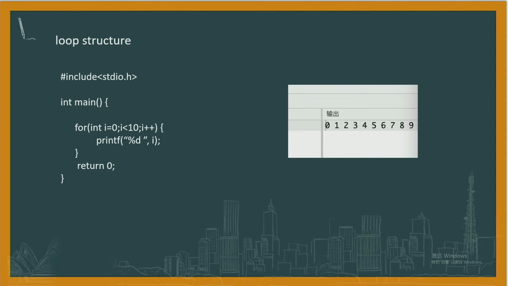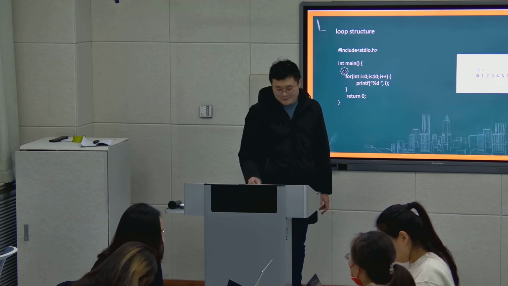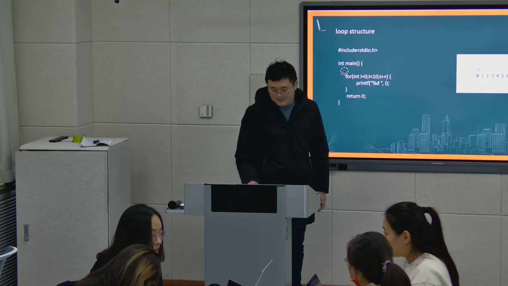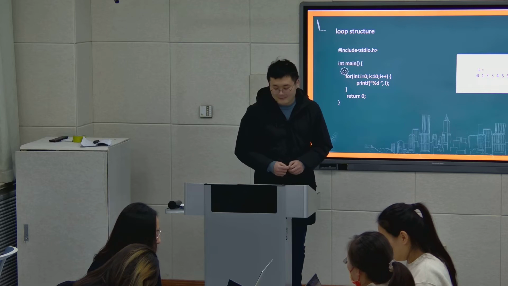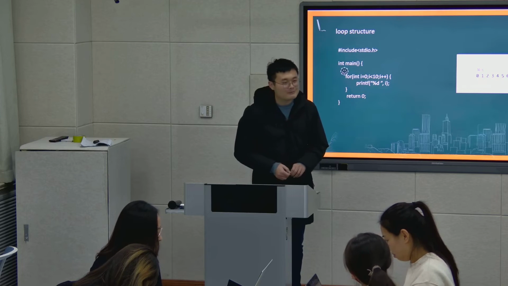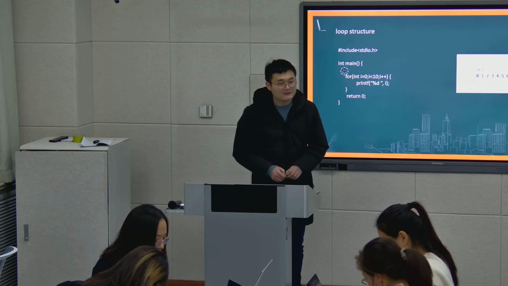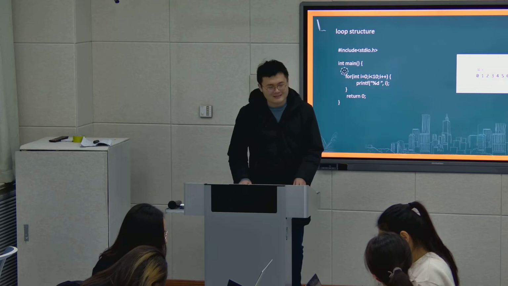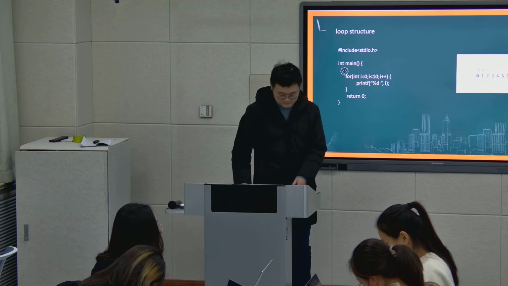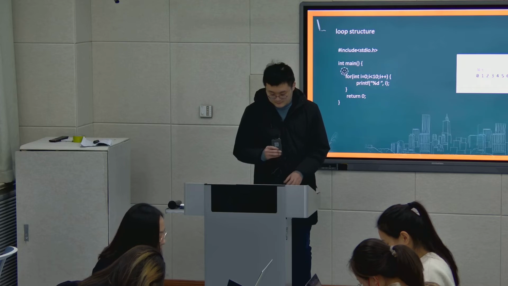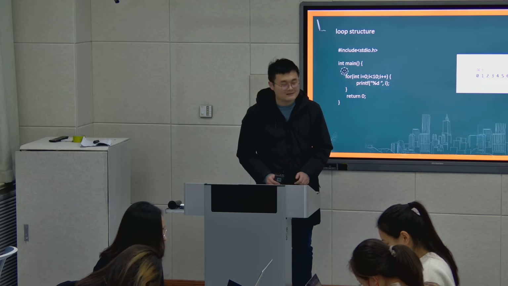So here is another sample, and we just print the result in every single line. But this time we print all the results in only one single line. So you can see we don't use the backslash, right?